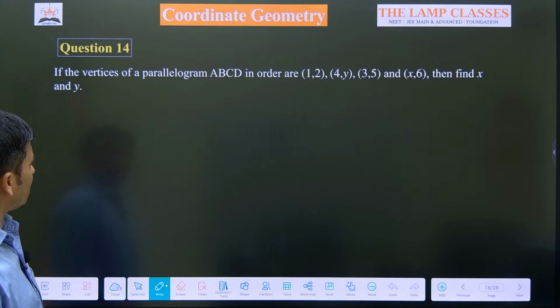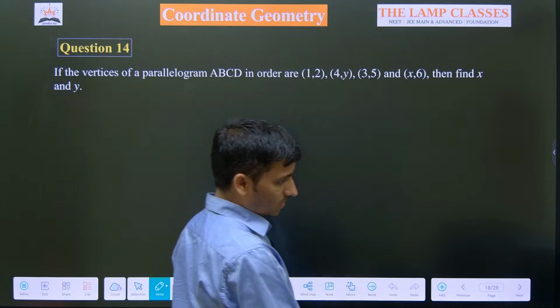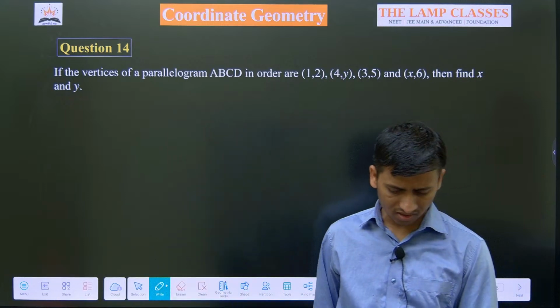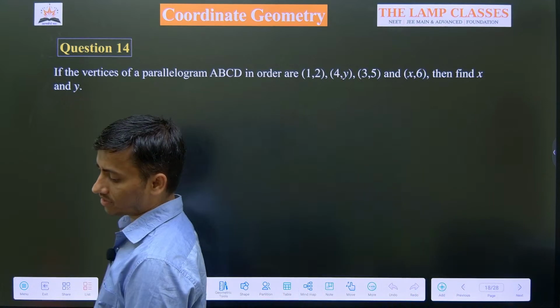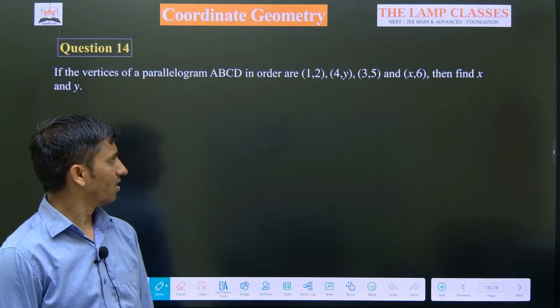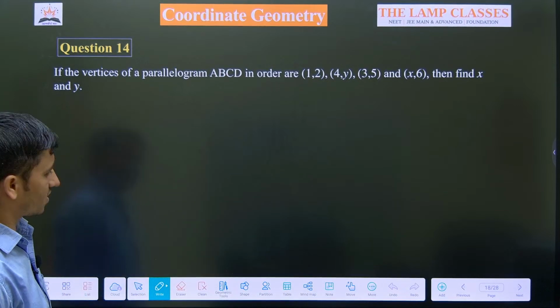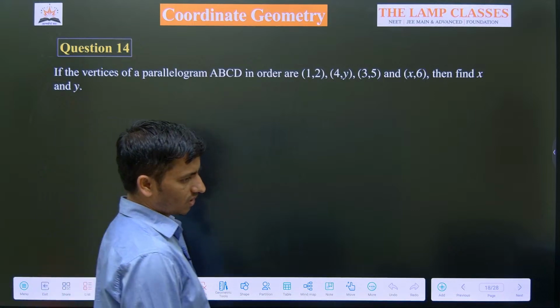If the vertices of a parallelogram ABCD in order, they have given it's in order, na, this point. If it is not given in order, then usually we plot the points and see, right? Then find the value of x and y. Please do it on your own.